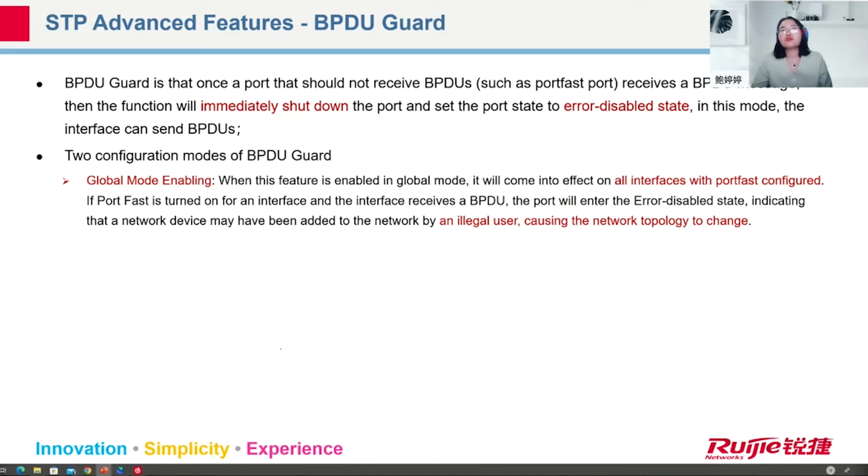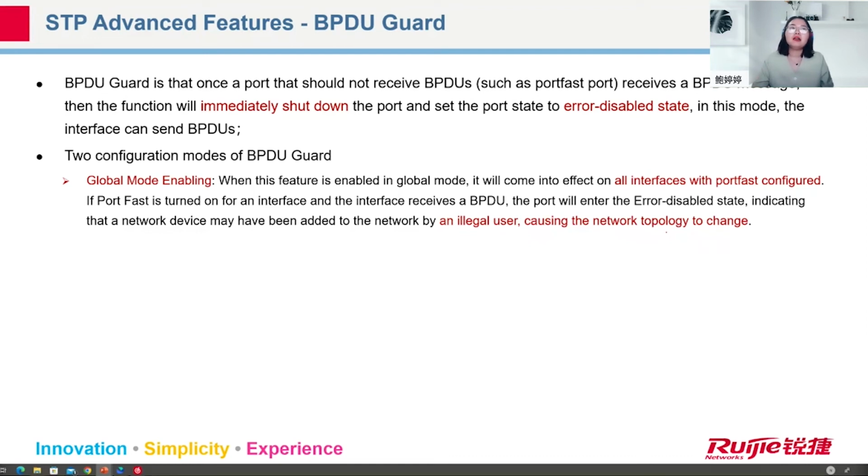So this is used to avoid illegal users causing the network topology to change. Because if you connect an illegal user who sends out BPDUs, the whole network will do the calculation again. And before the convergence succeeds, the network cannot forward the traffic. The result is the customer maybe cannot visit the internet.